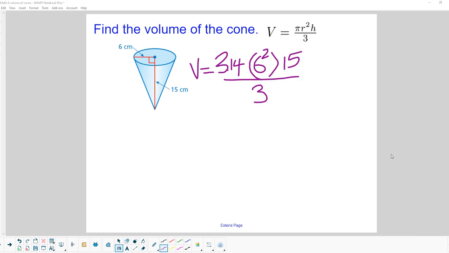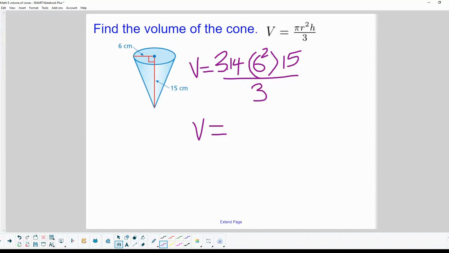So if you have a calculator of your own, you can do that as well. 3.14 times 6 squared times 15 equals, and then I divide that total by 3, and my final volume on this particular cone is 562.2, and our units are centimeters cubed. Hey, that doesn't look too bad, does it?